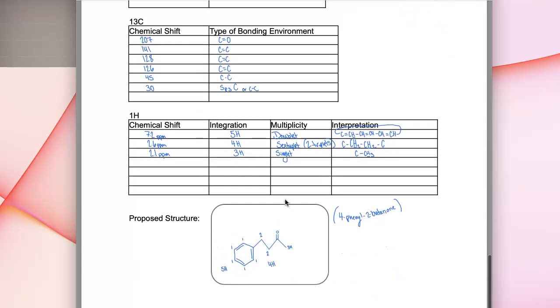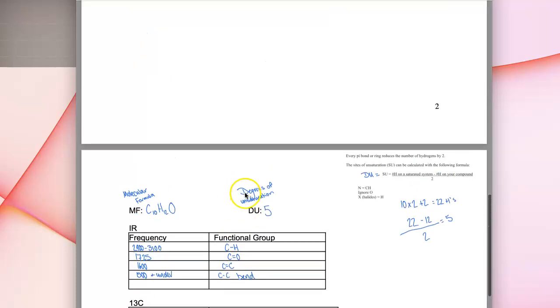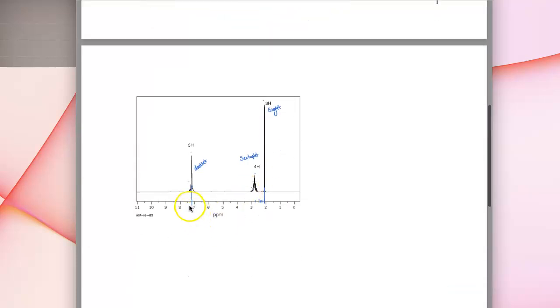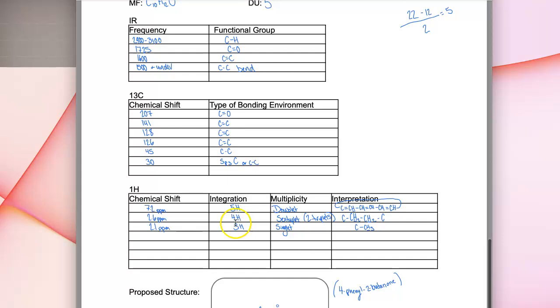So then next we're going to look at our chemical shifts. So we have where they showed up on the map, 7.2-ish, about 2.7 or 2.1, where they show up on our parts per million in our HNMR. So we see that there is a doublet.